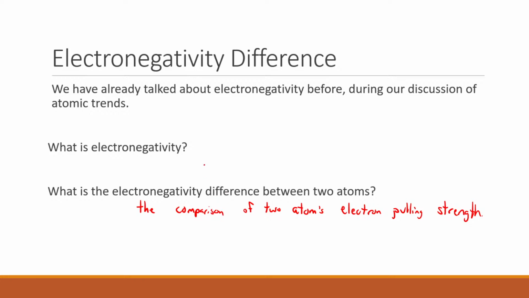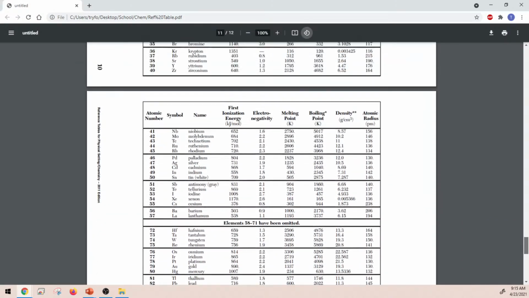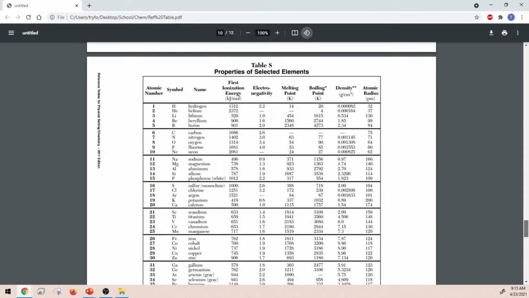Now, the other important thing that we should address is the fact that table S exists. Reference table S lives up at the bottom of the table, and it's this really long multi-page piece of the reference table.